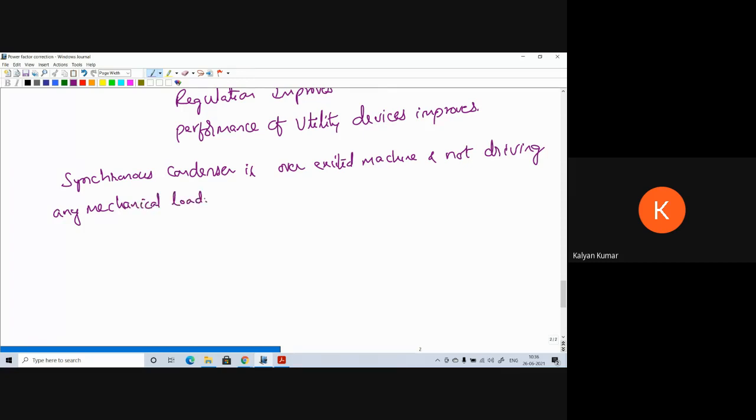So as a result, it requires some modifications as compared to a synchronous motor.